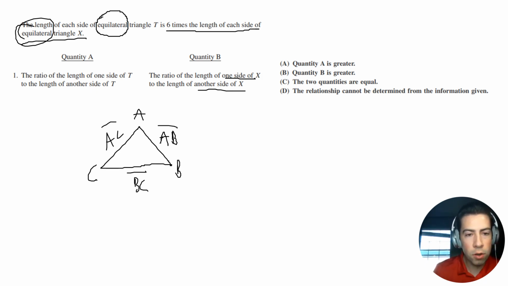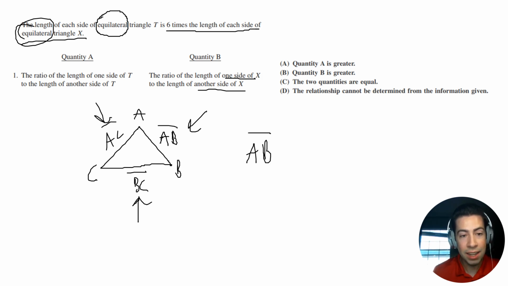All right, guys. So if these side lengths are all the same, what does that mean? Think about it for a second and then see if your answer matches mine. All right, guys, what that means is that AB has to be equal to BC, which has to be equal to AC. All right, guys, these are all the same, okay?